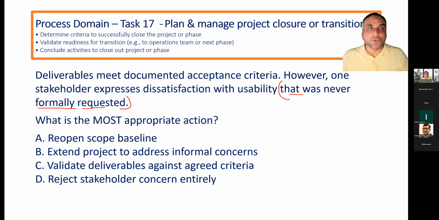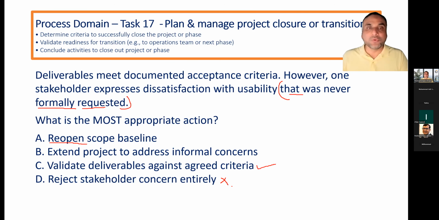Reopen baseline, extend project, validate deliverables against agreed criteria, reject a stakeholder concern entirely. So this is what I was saying, you will never do this. You do not have the authority to do this. Extend project to address informal concerns, validate deliverables against agreed criteria, and then the next thing will be discussed as additional changes.